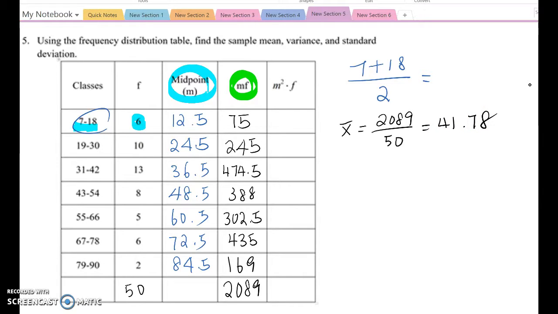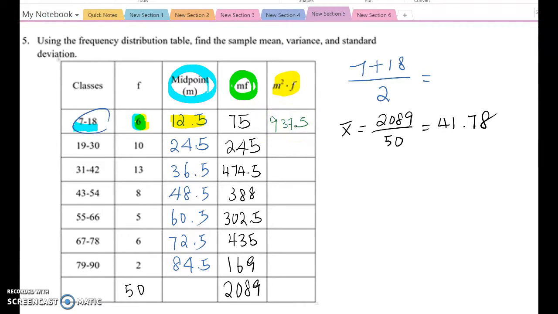Now we need to find the variance and the standard deviation. In order to find that, you need to find m squared times f first. This means you do midpoint squared times frequency. So 12.5 squared times 6, in that case 937.5.